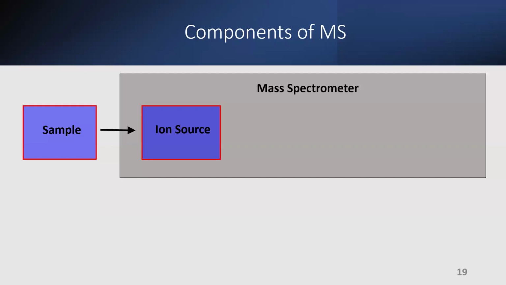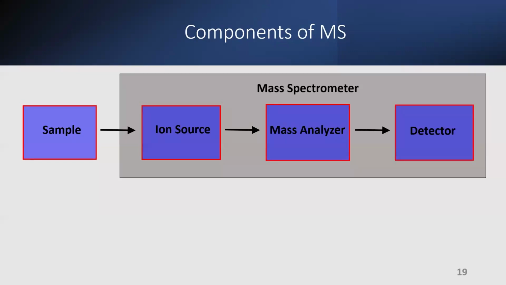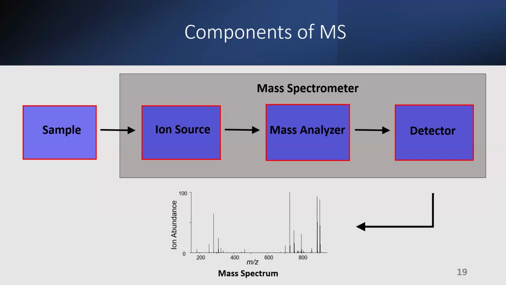Then these charged molecules go through a mass analyzer, where these ions are separated based on their mass and charge ratio. Then a detector will record the abundance of these ions. Finally, you end up with a mass spectrum where you have the mass to charge ratio in this graph here on the x-axis and the ion abundance on the y-axis.